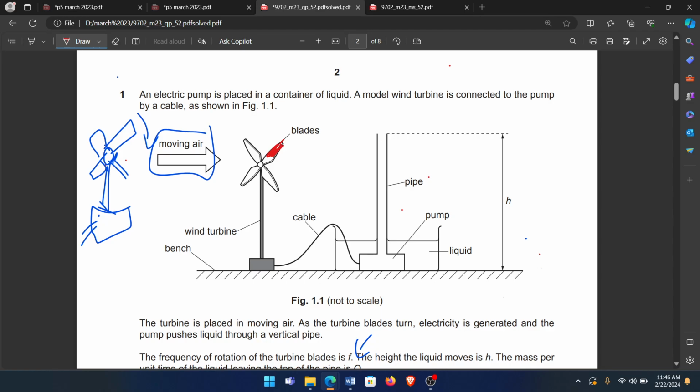Now, how can you determine Q? Look, you cannot allow this liquid to flow to the beaker again directly. If you do this, the same liquid is returning to the same beaker, so it is not possible to measure the mass of liquid. In that case, what to do?